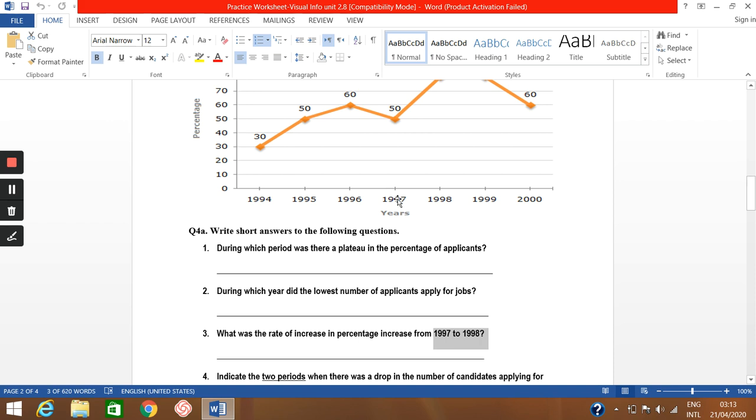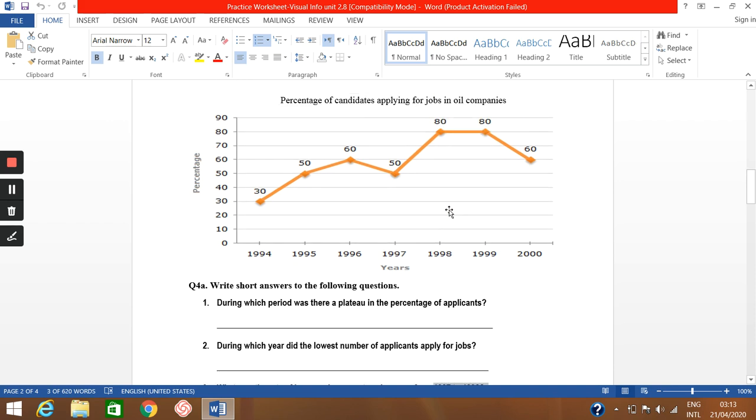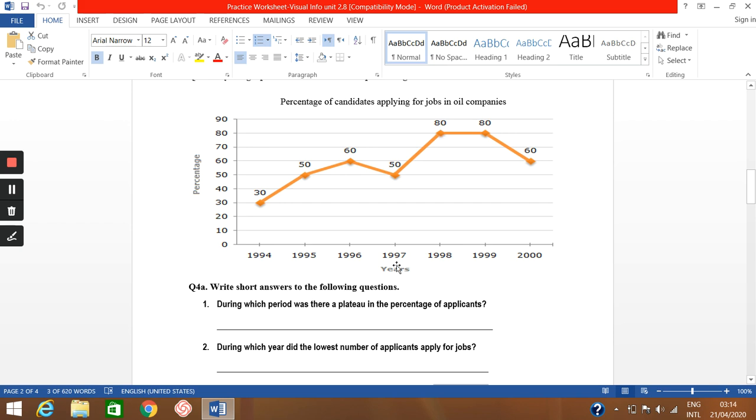1997, this year, 1997 to 1998. So in 1997, it is 50%. And we want to know the rate in between the period 1997 to 1998, which is 80.